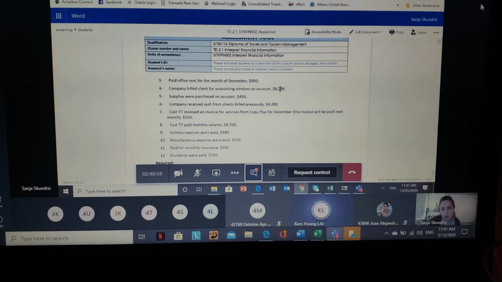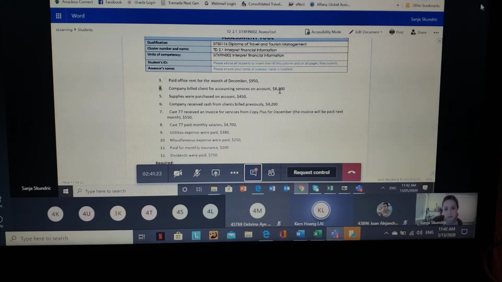This is still receivable, but I don't know that we need this one. I think we need it because first we bill the client, and then the number 6 we said we receive cash from the bill previously. But I think it should be there because the beginning balance they didn't mention that.